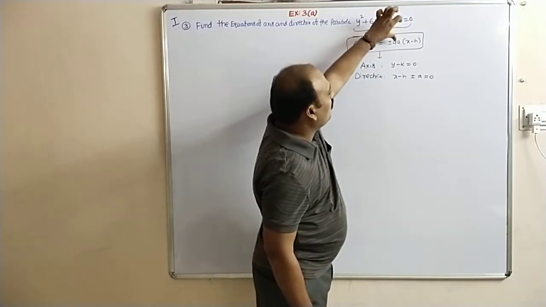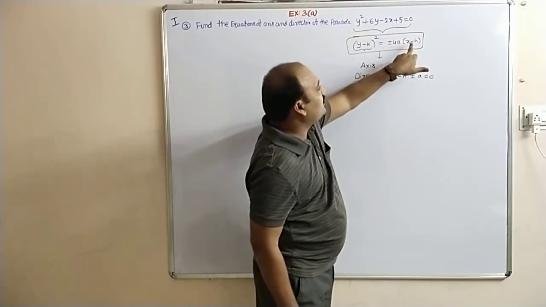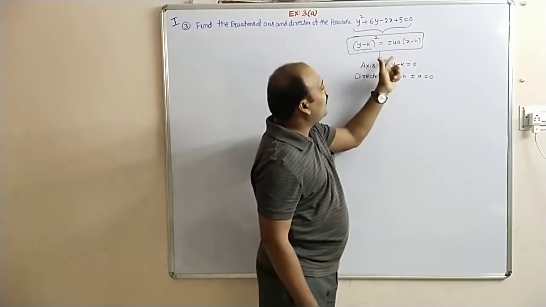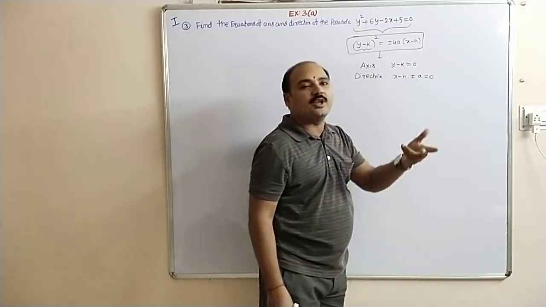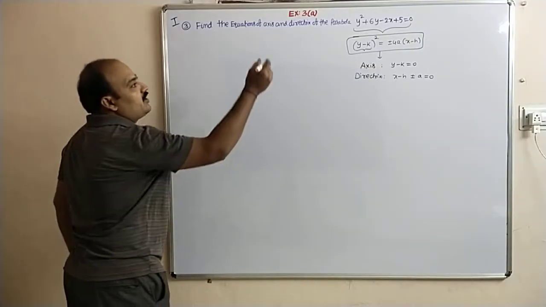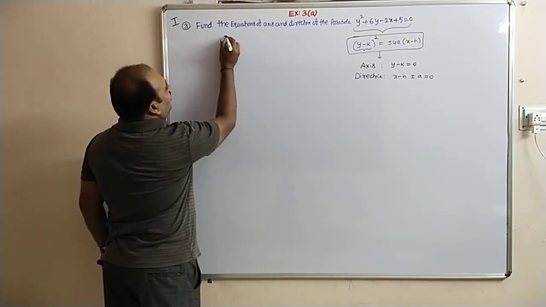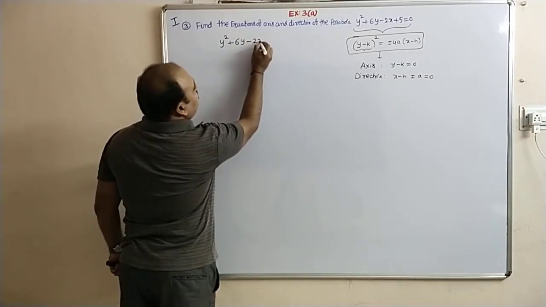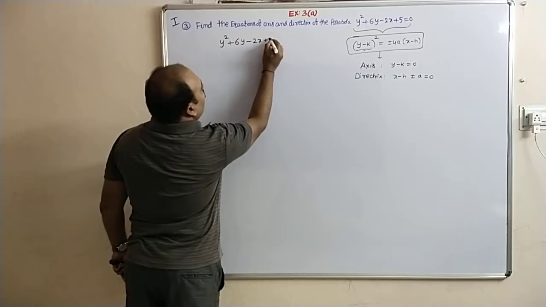Here, you remove that 4, x minus h plus a equal to 0 is one of the directrices if it is plus here. If it is minus, x minus h minus a equal to 0. Directrix equations. So now we will reduce the given equation of parabola into that form. Y square plus 6y minus 2x plus 5 equal to 0.